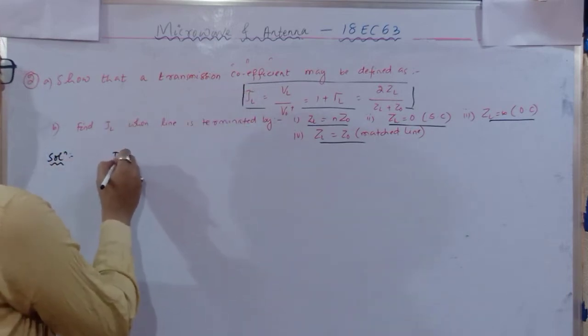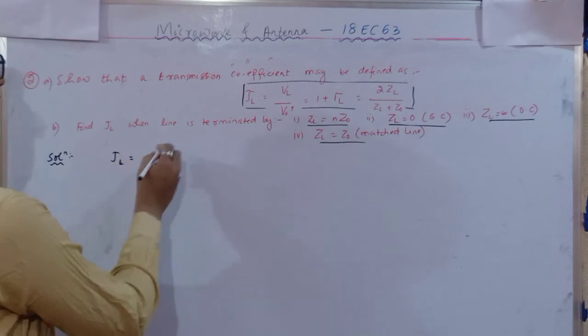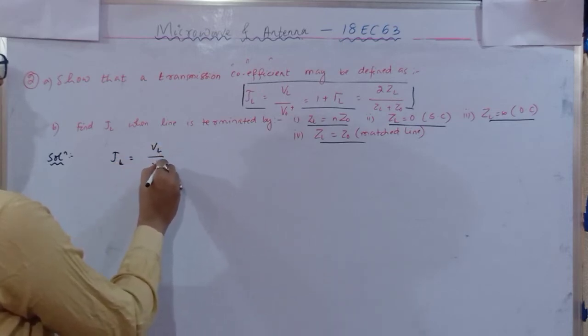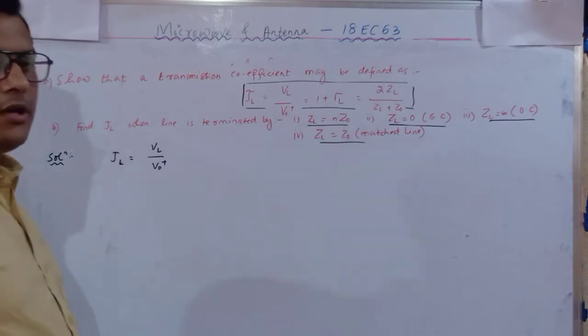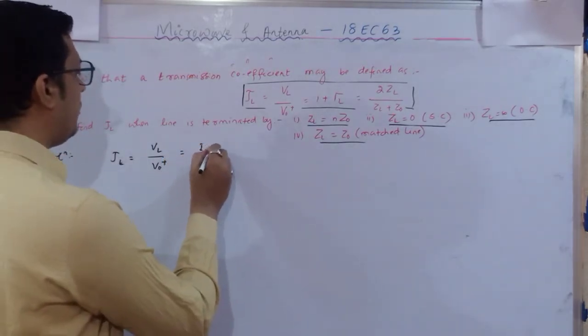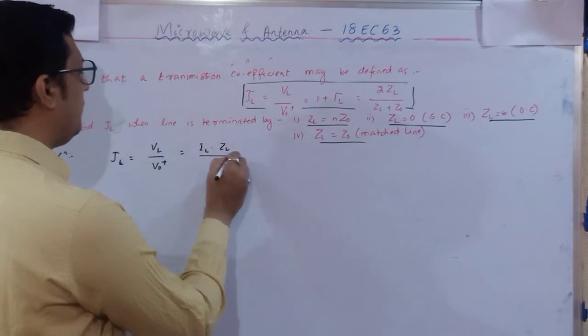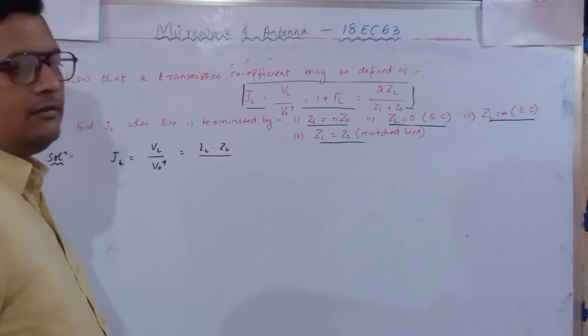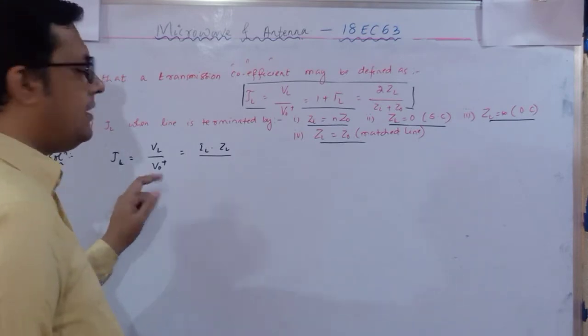So as it is given, tau L transmission coefficient is VL divided by V0 plus. Okay. Now what is VL? VL is nothing but load current into load impedance ZL. So it is IL into ZL. And what is this V0 plus?